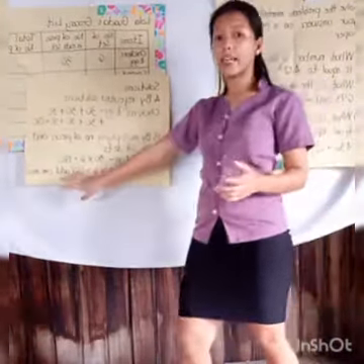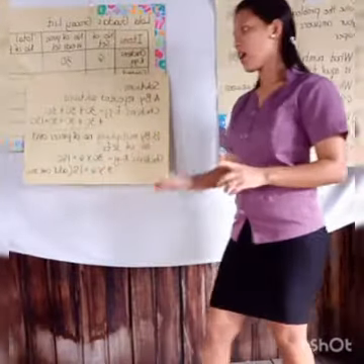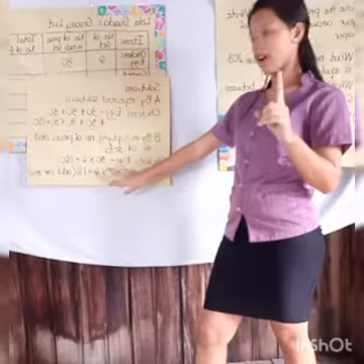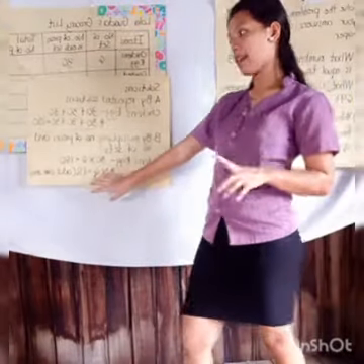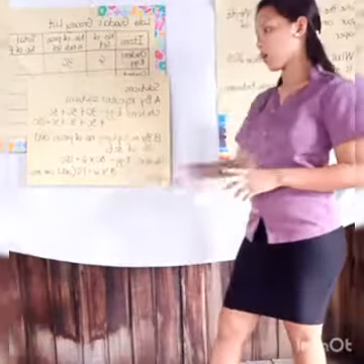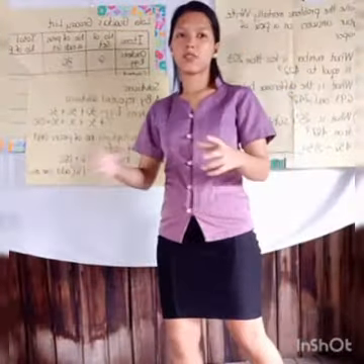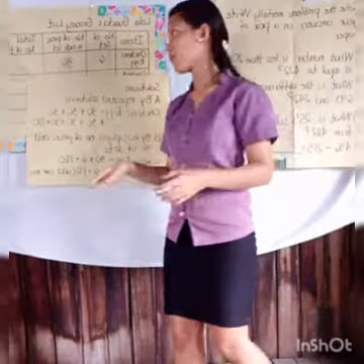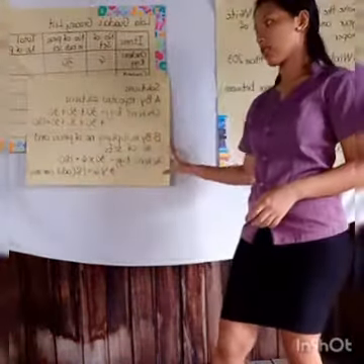And then we will annex 1 zero, since the 30 only has 1 zero. That would be 180. So that's how we will solve the total number of pieces by repeated addition and by multiplying.